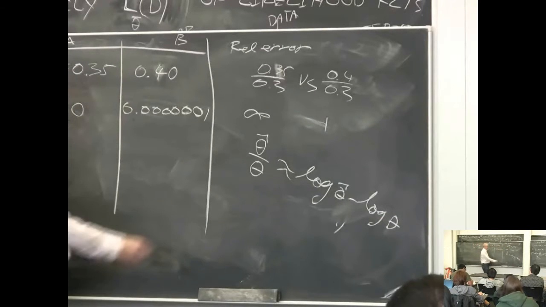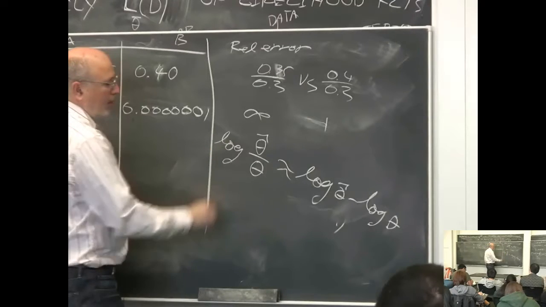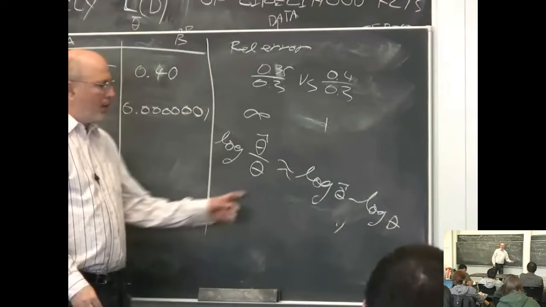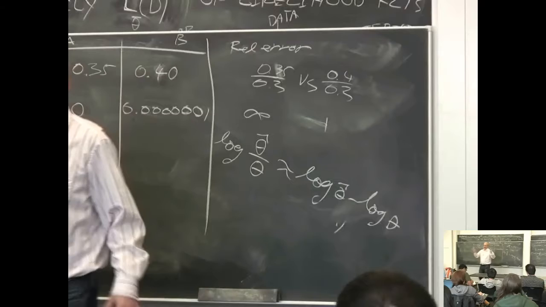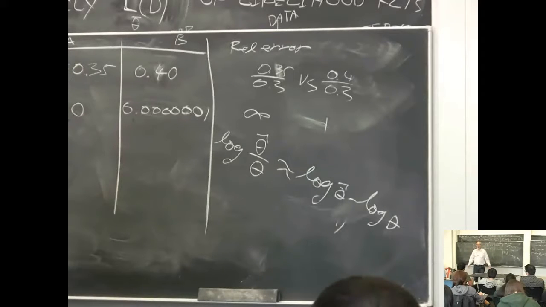So, kind of hand-waving, looking at ratios is like looking at a log domain. And what I claim is that we should really think about the quality of what we do in the log probability domain. So with this motivation, let's do a detour of about a lecture and a half into information theory.